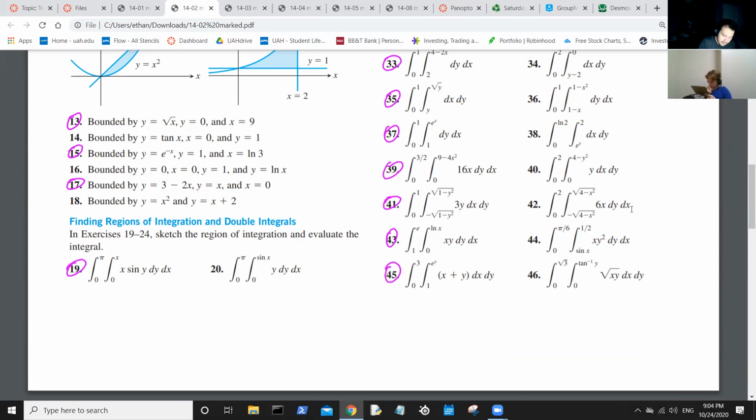So negative y over 2 plus 3 halves is that function. And then the other one is just y equals x. You flip it, it's just x equals y. So in this case, it's just y.